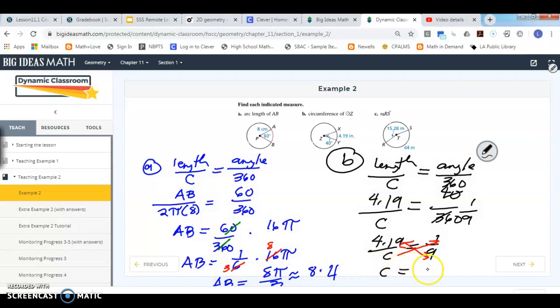So let's round that off to the nearest tenths. So 9 times 4.19 is 37.71. So the circumference is 37.7.